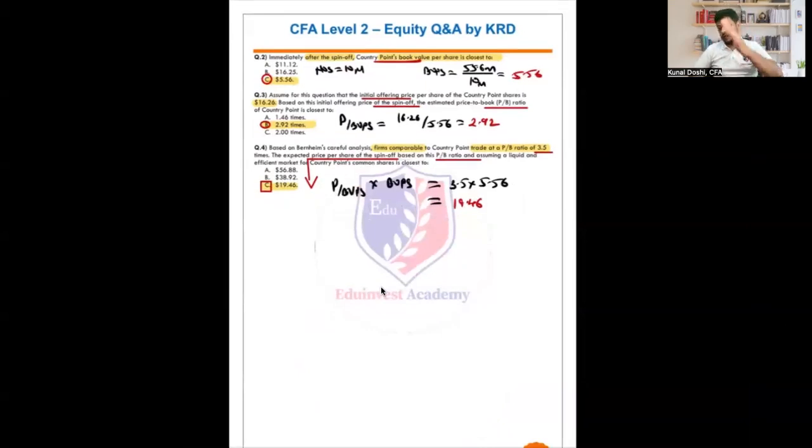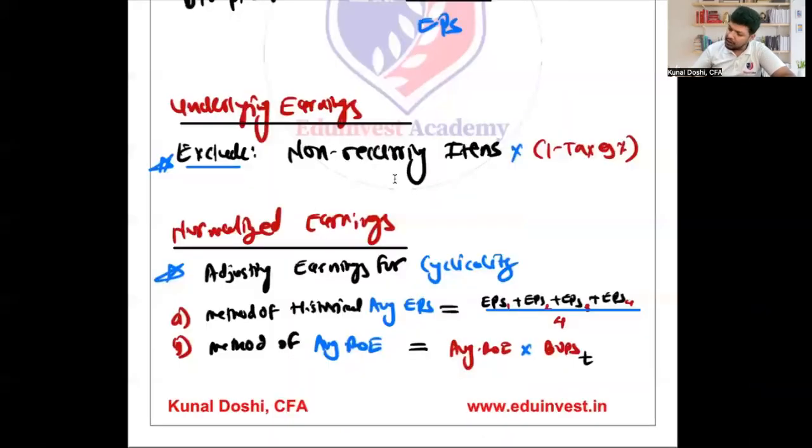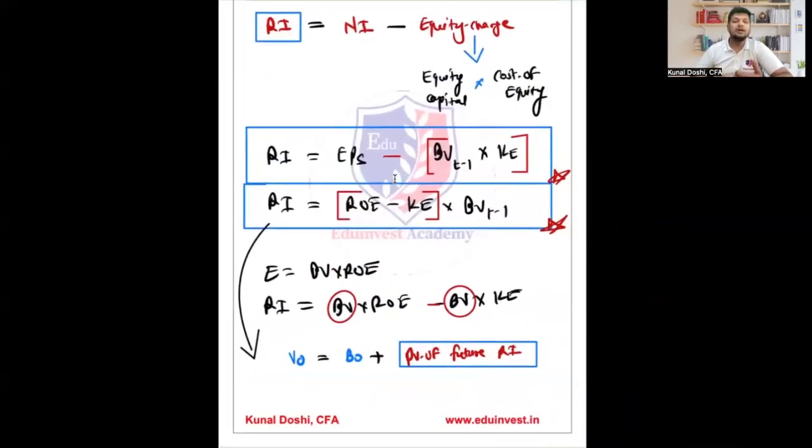Perfect. Now, let's go to residual income valuation. Here, getting the information of residual income is critical. Otherwise, the process is perhaps the same, right? So let me take you down to the formulas of residual income that we did, everyone. Our residual income formula, right?